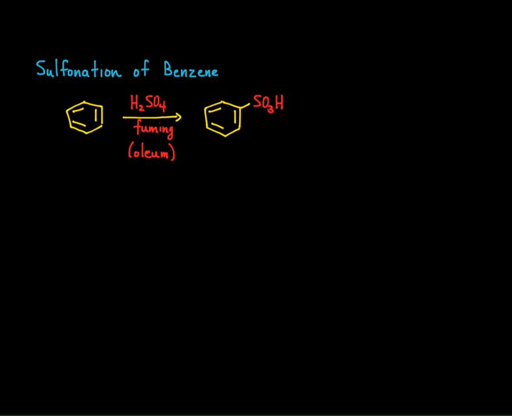And when we react benzene with oleum, we get this product, and this is called benzene sulfonic acid. Right? So we can now make benzene sulfonic acid derivatives. And if we think about the mechanism of this reaction, we have to think about what the electrophile is. In the grand scheme of things, benzene is always going to be the nucleophile with these types of reactions.